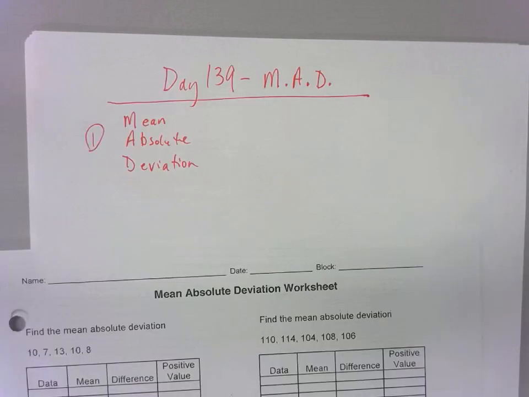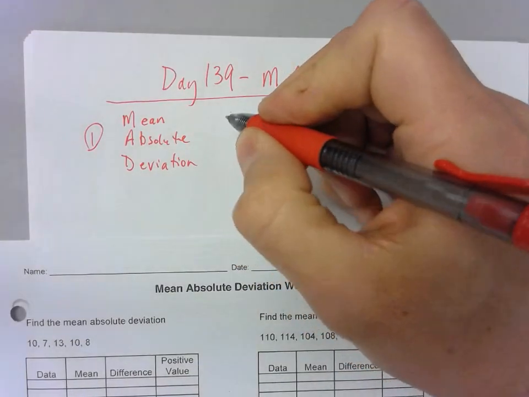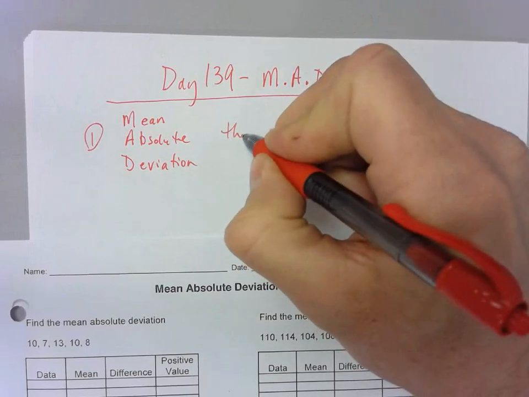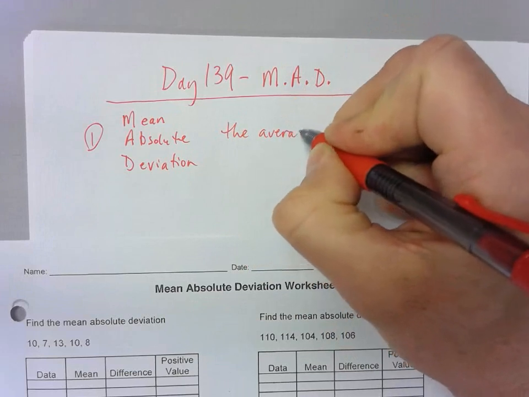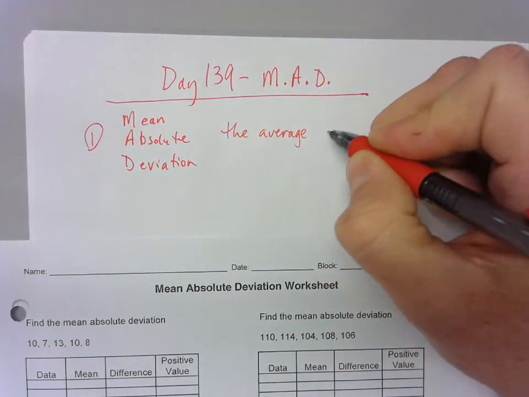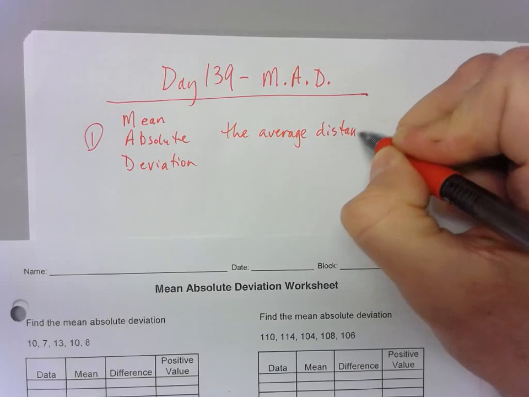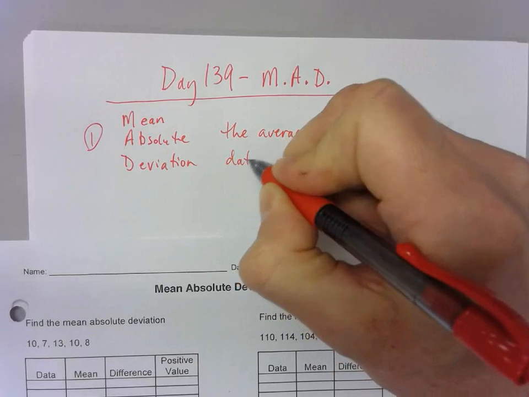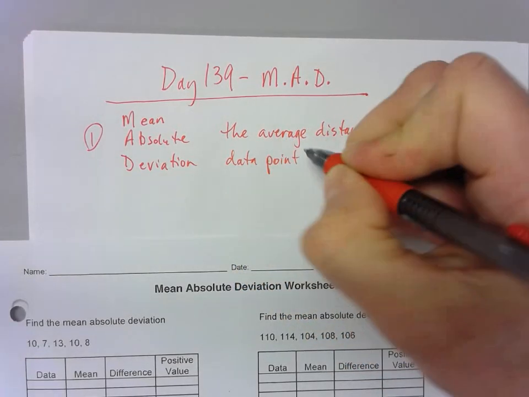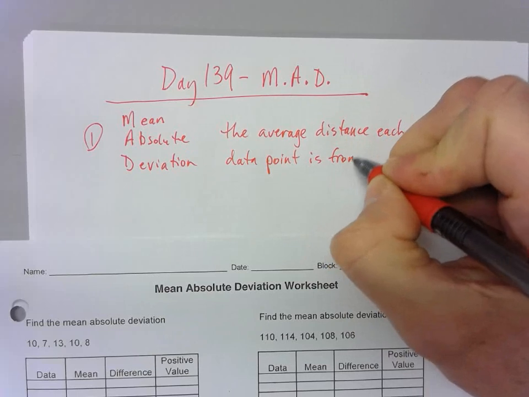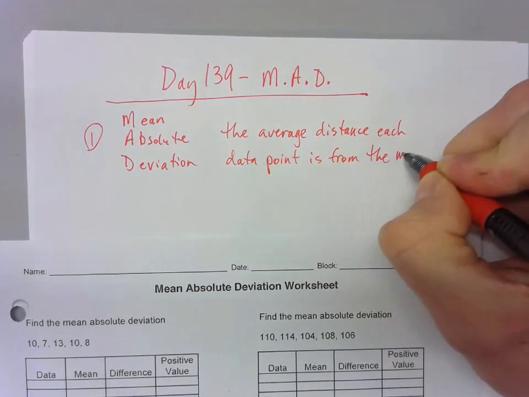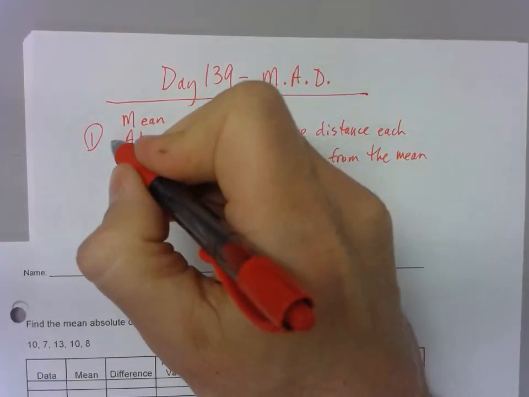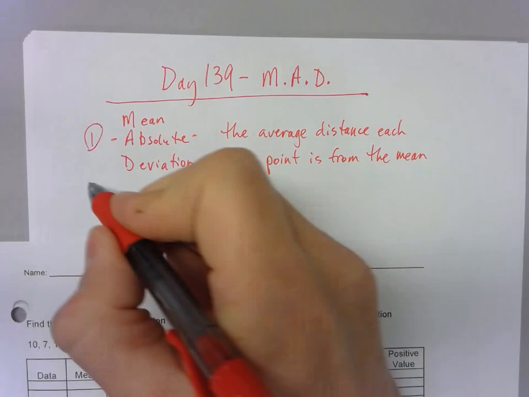So this is basically how far away each data point is from the mean. The average distance each data point is from the mean. Okay, and it is going to be a positive answer because we're talking about the absolute value of it. So the answer will be positive.